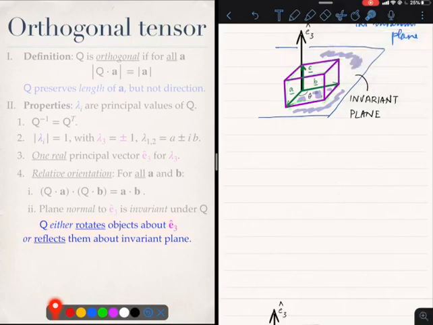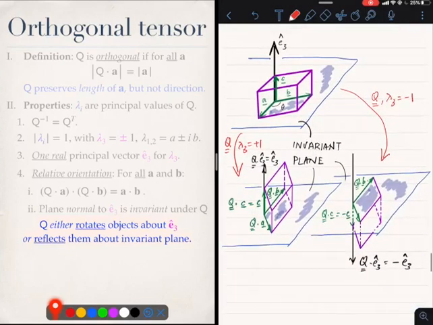And the box is a parallelepiped, and the parallelepiped axes are given by A, B and C, and C is along E3, and the question is what happens to this again when Q operates on it. What do you get? Again we will split it into two cases, when lambda 3 is plus 1 or lambda 3 is minus 1, and the answer will be given by this picture.